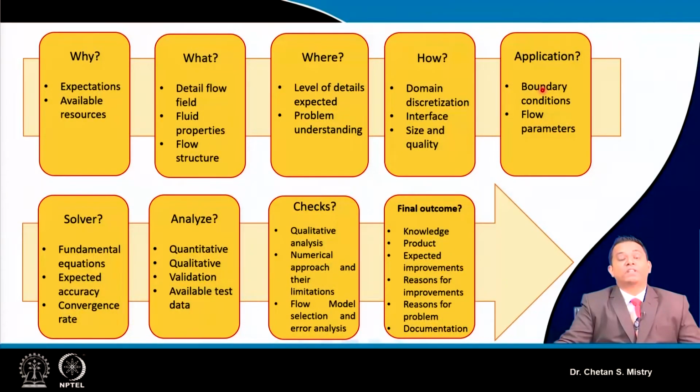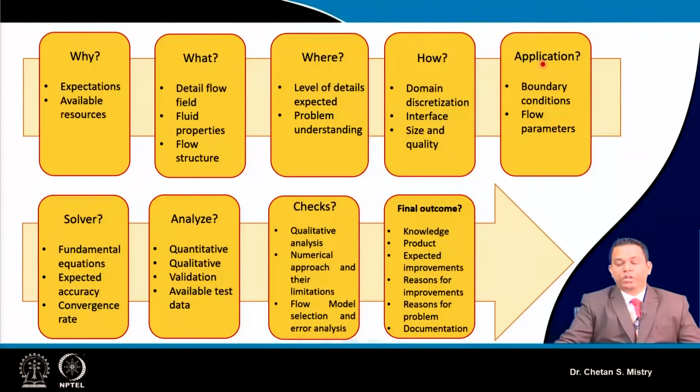Suppose we are doing our design for LP compressor, or for HP compressor. So we must know what is my entry condition and what will be my exit condition. Until and unless we are having this detailed information, it is very difficult to analyze that part. So we need to have the idea of that. What all flow parameters we are looking for, that is also equally important.